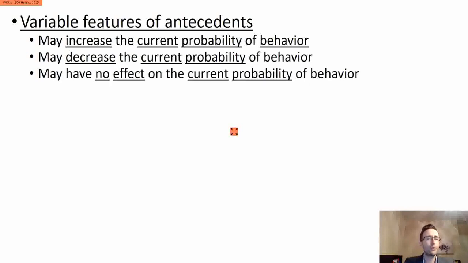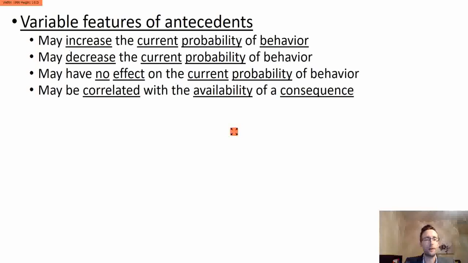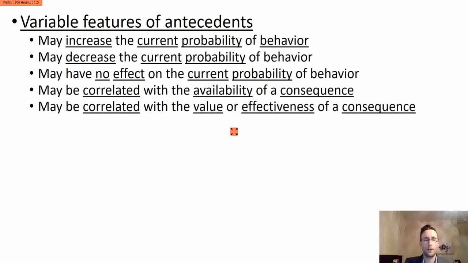They may have no effect on the current probability of behavior. Antecedents may be correlated with the availability of a consequence. They may be correlated with the value or the effectiveness of a consequence.